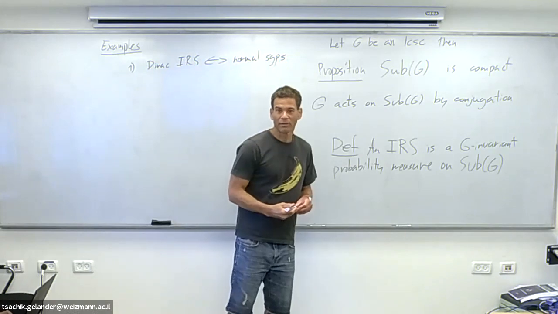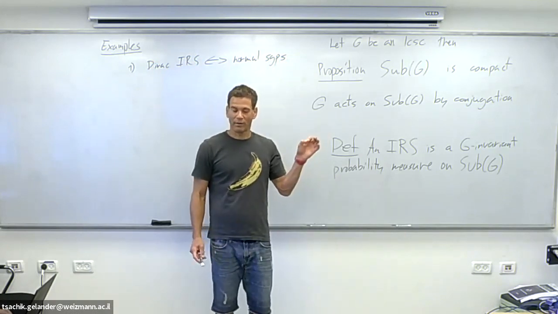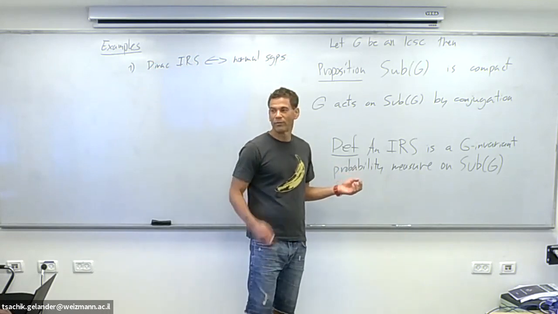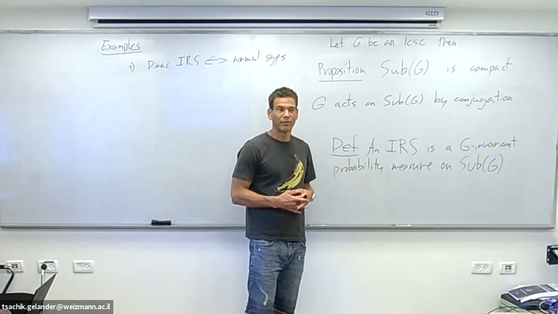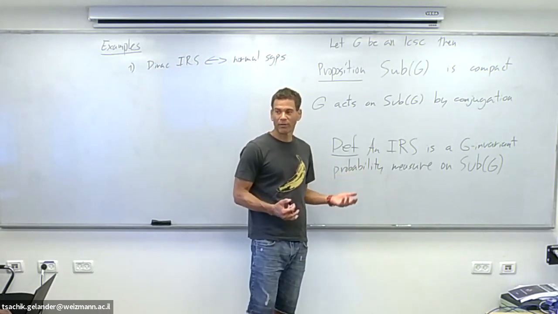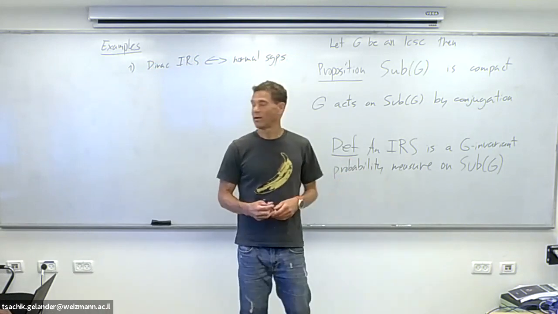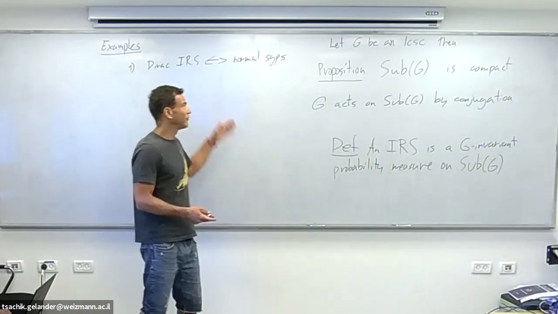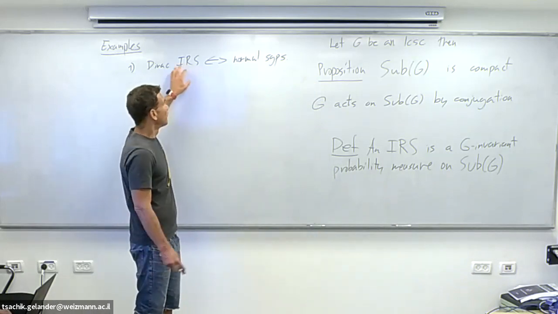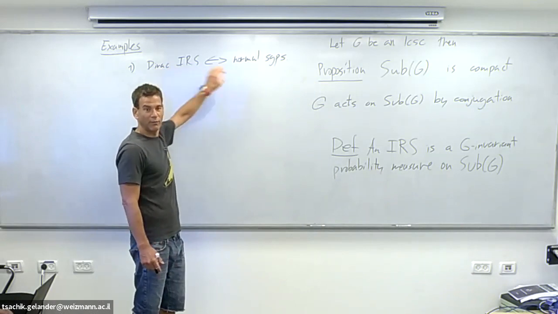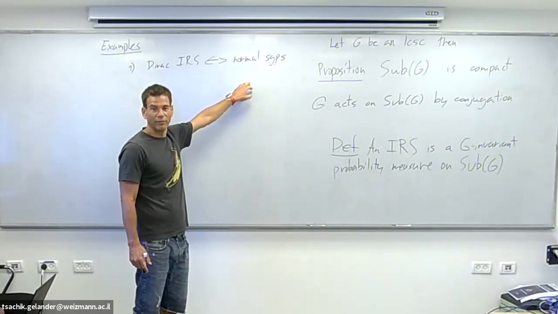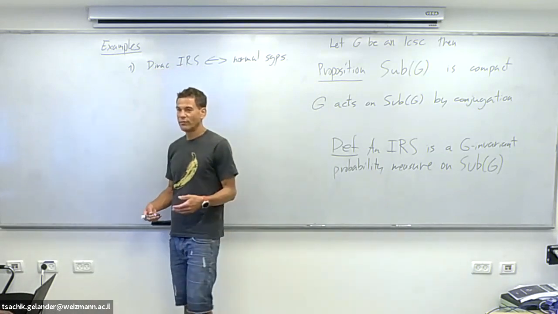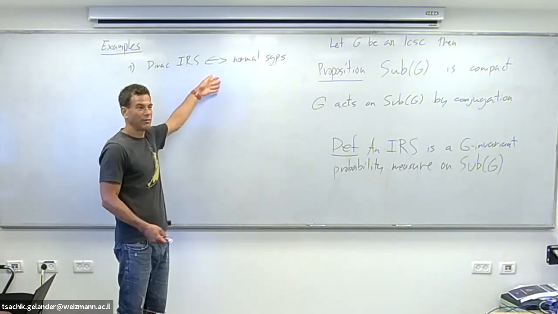If you have a Dirac mass, the probability measure giving probability 1 to a point, it means that this point, which is a closed subgroup, is invariant under conjugation, so it is a closed normal subgroup, and vice versa. Every closed normal subgroup gives you a Dirac mass. So as a mathematician, you see something like that and say, okay, we know some theorems about normal subgroups, let's see if we can generalize them to invariant random subgroups. But it would be even more cool if we could say new things about normal subgroups by reviewing them this way.